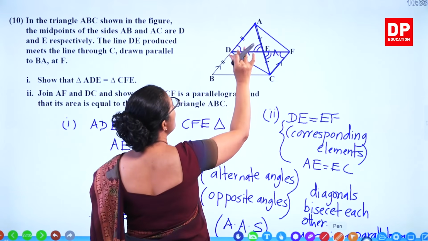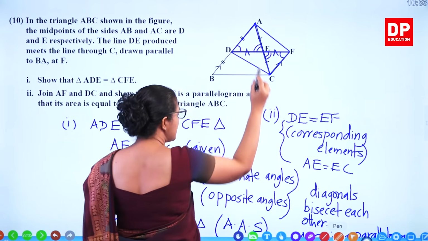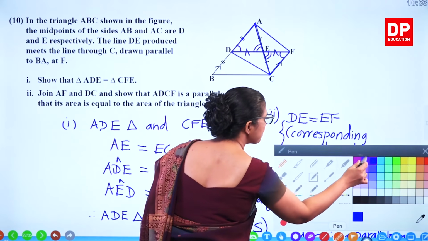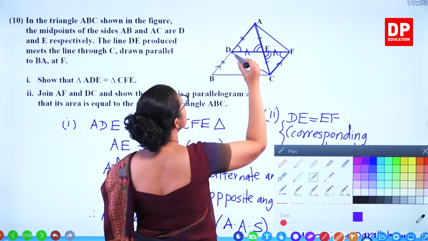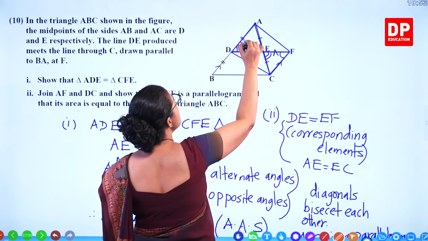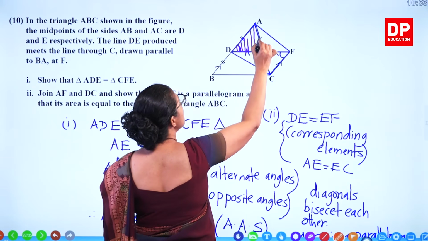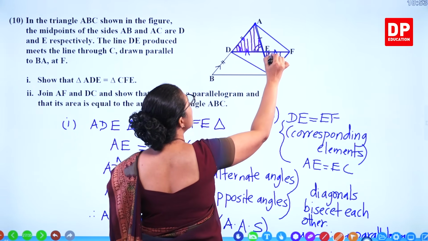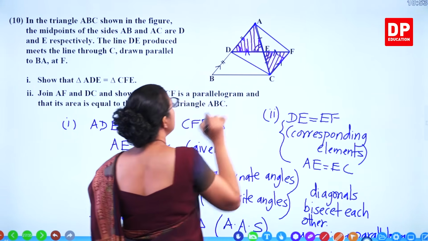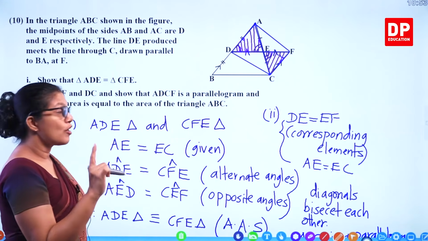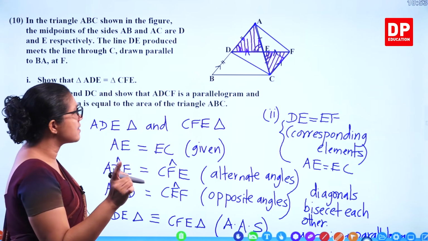But we know the area of triangle ADE and this triangle are equal because those two are congruent triangles.